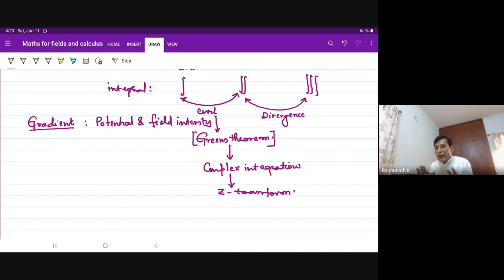So whatever we are going to talk about from now, you please know that it is extremely important for us to understand calculus, normal integration, and the vector calculus, gradient, divergence, curl, and Green's theorem. Right? The gradient, divergence, curl, Gauss divergence theorem, Stokes theorem, and then Green's theorem.